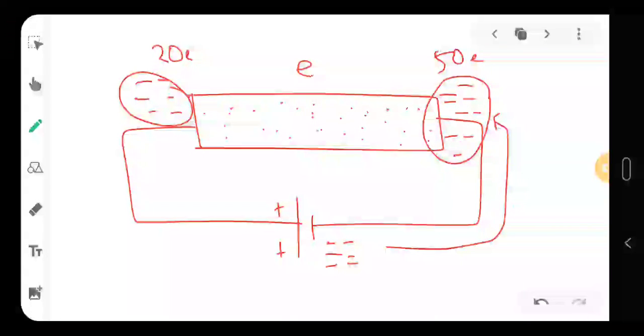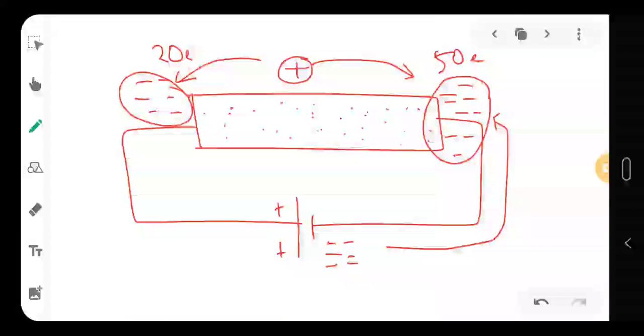Now let's say you have one electron here, or conventionally, a positive charge. What will happen? Does this positive charge want to go this side or that side? Obviously it wants to go to the side where there are more electrons.